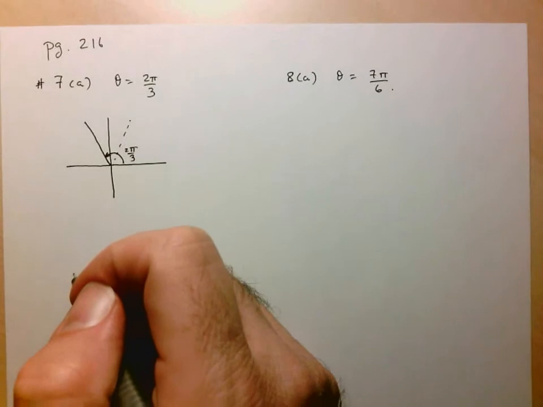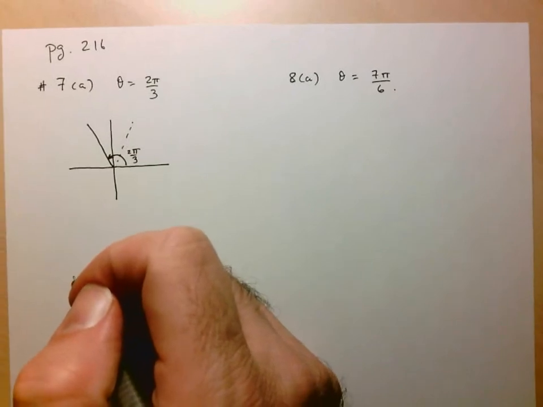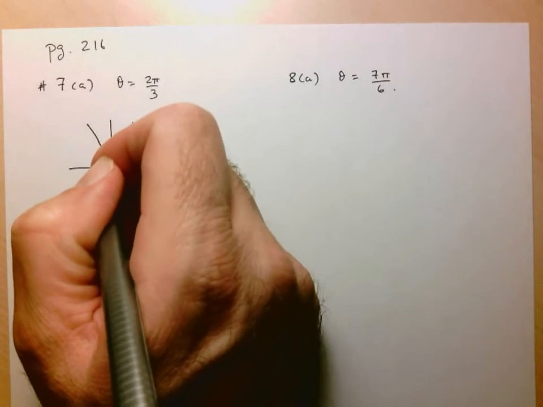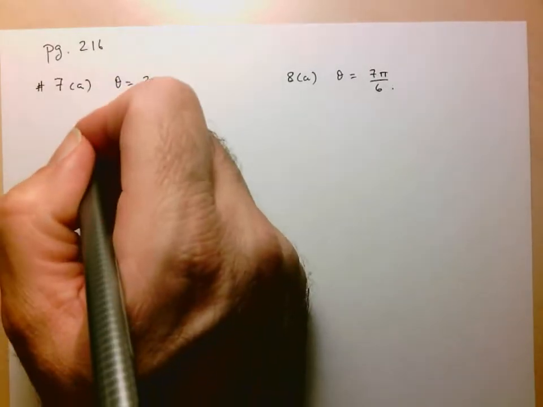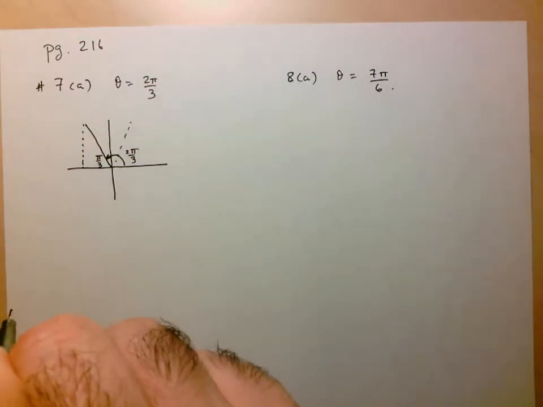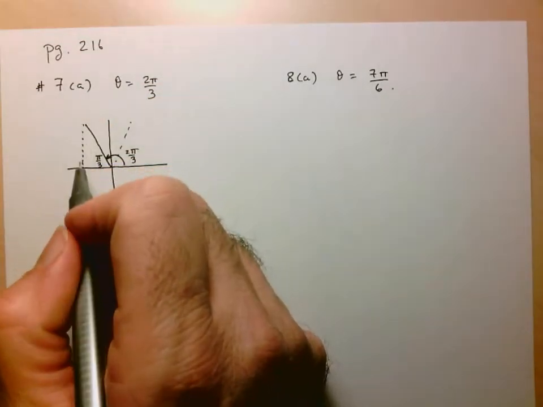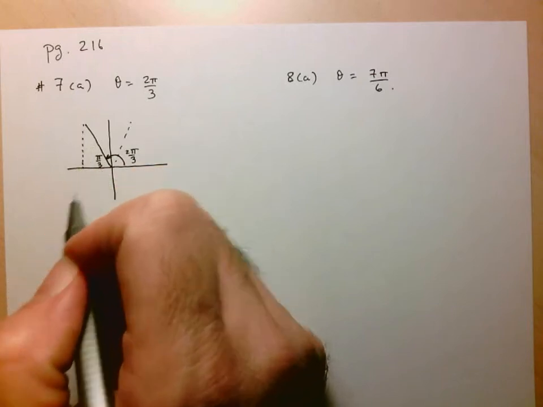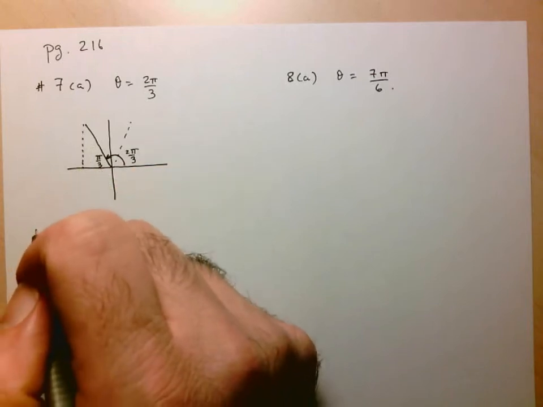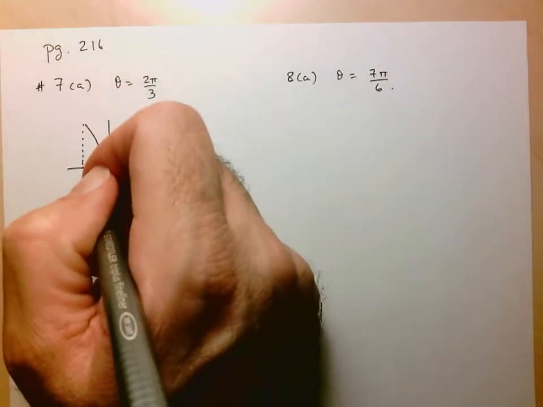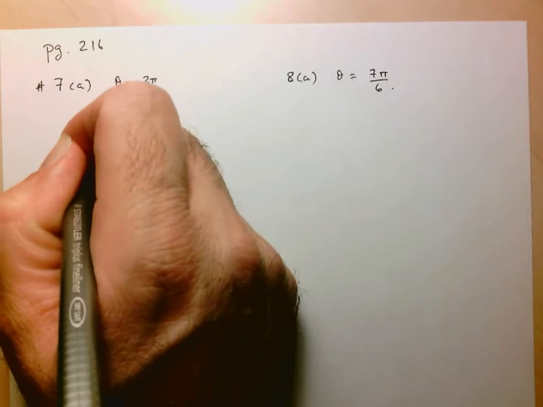In order to do this without having to use a calculator, I realize that the related acute angle to 2 pi over 3 is pi over 3, which relates to one of my special triangles. Notice I exaggerate that it's a larger angle here. The dimensions I use for this type of special triangle are just 1, 2, root 3.